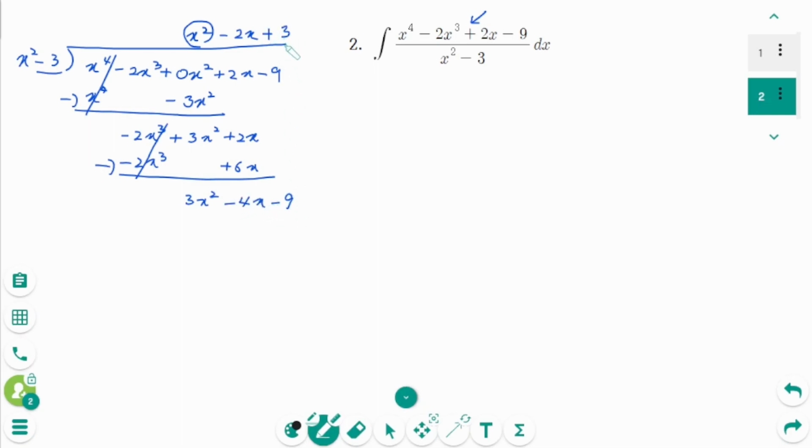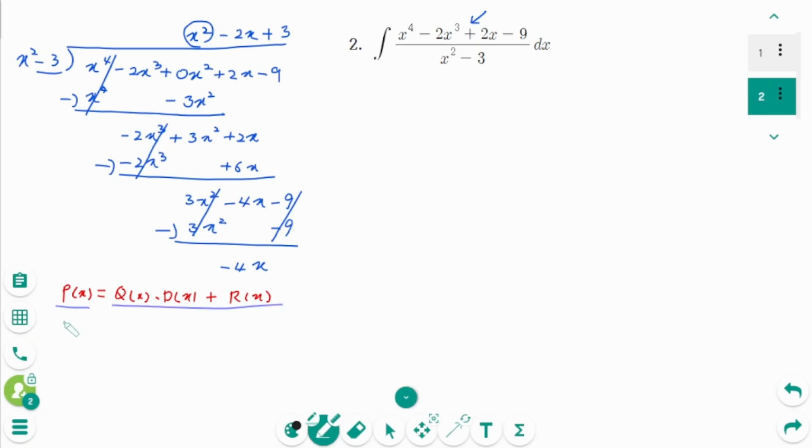Then plus 3. 3 times x squared is 3x squared. 3 times minus 3 is minus 9. Then cancelled. The remainder is minus 4x. Dividend equals quotient times divisor plus remainder, then over divisor.